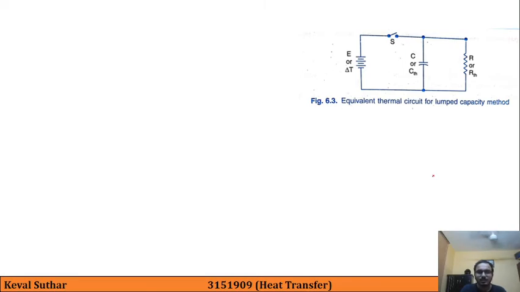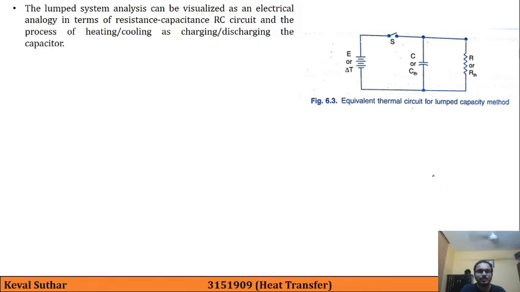Now here there is one comparison that we are going to do: the lumped system analysis can be visualized as an electrical analogy in terms of an RC circuit, also known as a resistance-capacitance circuit, and the process of heating or cooling as charging and discharging of a capacitor. So we will try to understand this. First of all, let us focus on this figure.